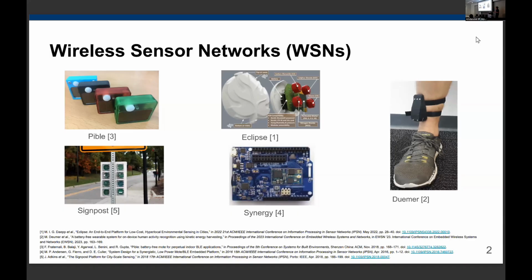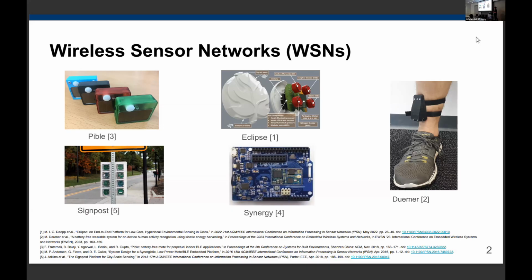So quickly, wireless sensor networks, if you're not familiar, is just a generic term for devices in the field that can measure environmental phenomena. Here are just some examples of wireless sensor networks. Hibble is a battery-free device for indoor monitoring of environmental parameters. Eclipse similarly does hyperlocal urban air quality monitoring.